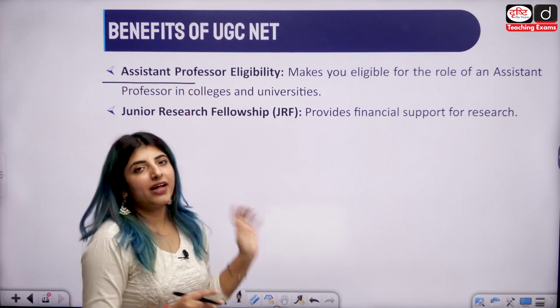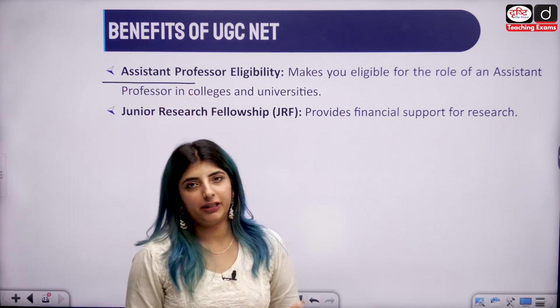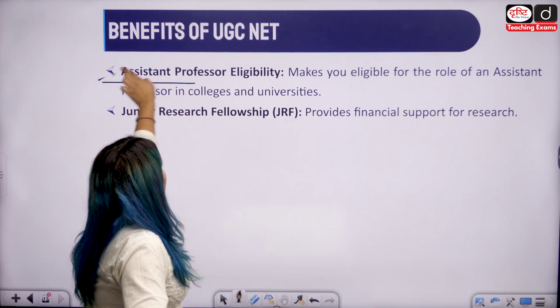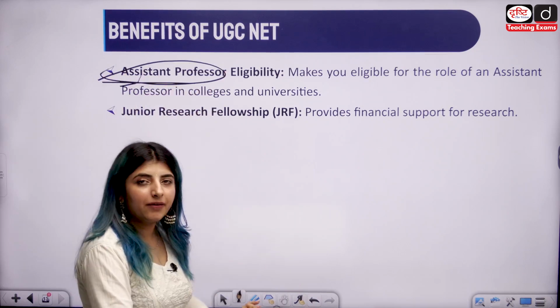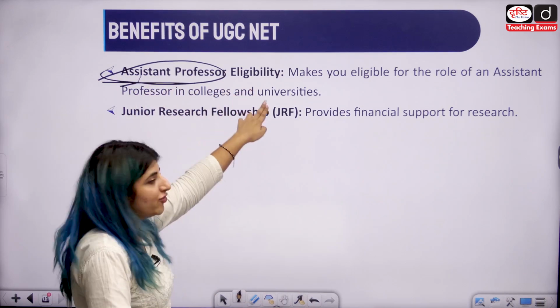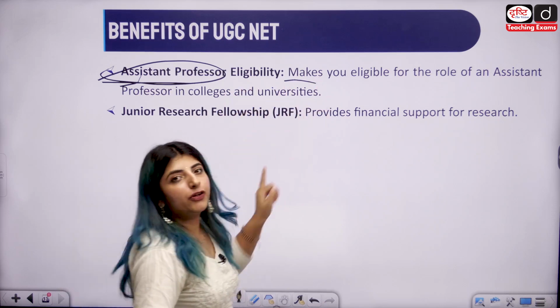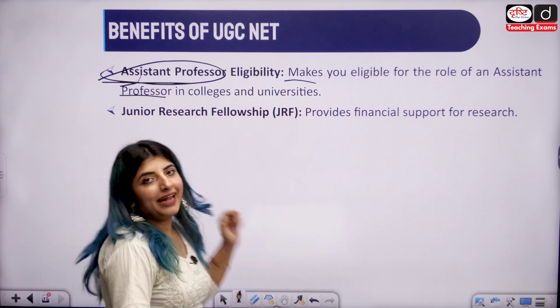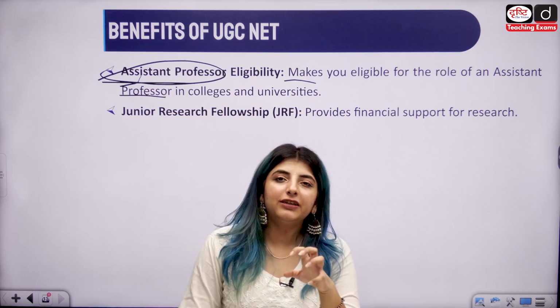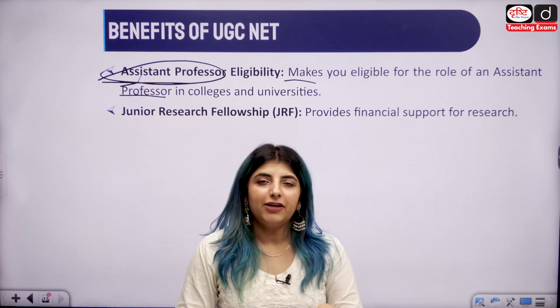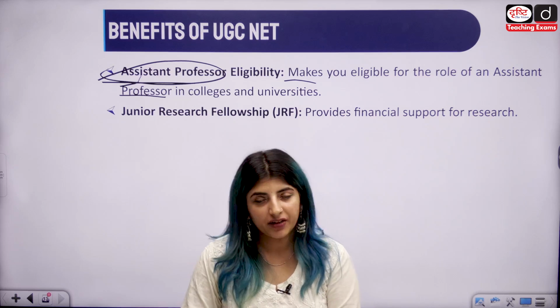So basically, what are the benefits of clearing this particular examination? If you have just cleared your NET, that is your assistant professor eligibility, it makes you eligible for the role of an assistant professor in different colleges and universities, because that's the minimum criteria, that you should have cleared your NET, correct?